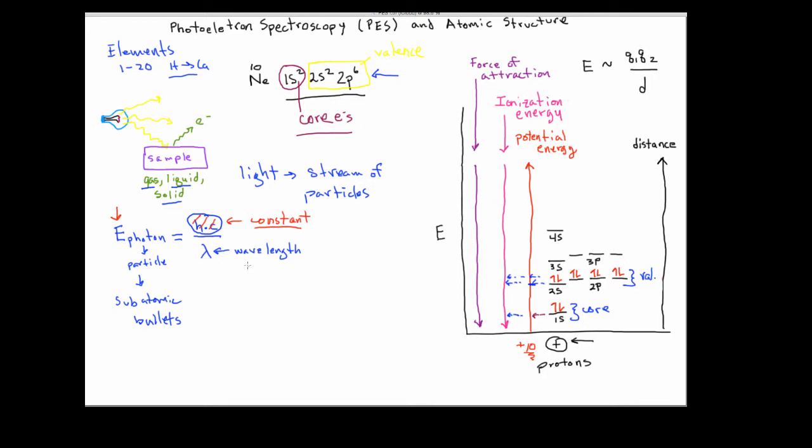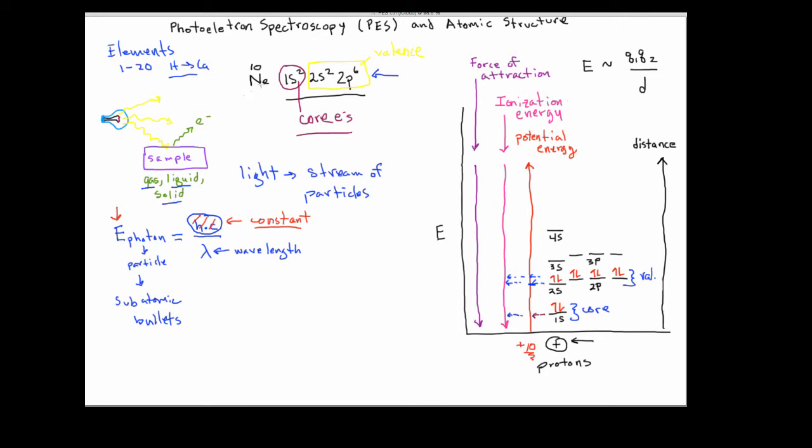Now, how does this relate to the PES instrument, and how does it relate to analyzing an electronic structure? The PES instrument is capable of beaming a stream of particles onto an atomic sample.